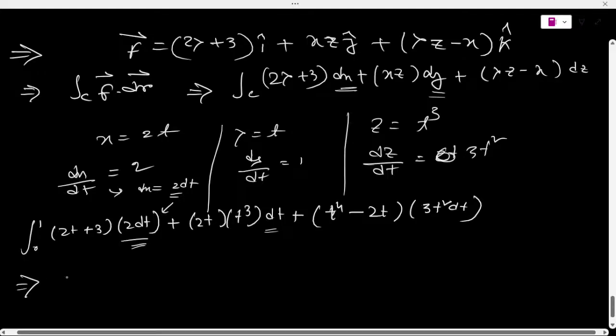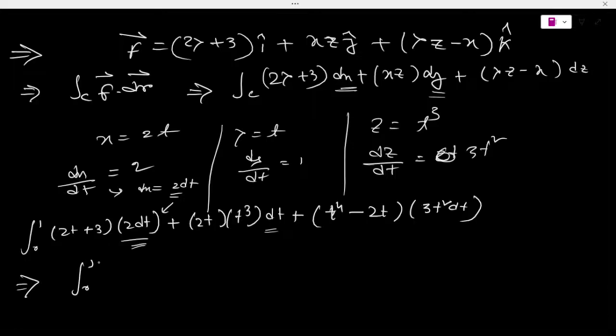So after solving the integration from 0 to 1, I have to multiply, so 2t plus 2t will be 4t, 2 plus 2 it will be 4t plus 6, plus 2t to the power 4, plus 3t to the power 6, minus 6t to the power 3, and the whole covered with dt.